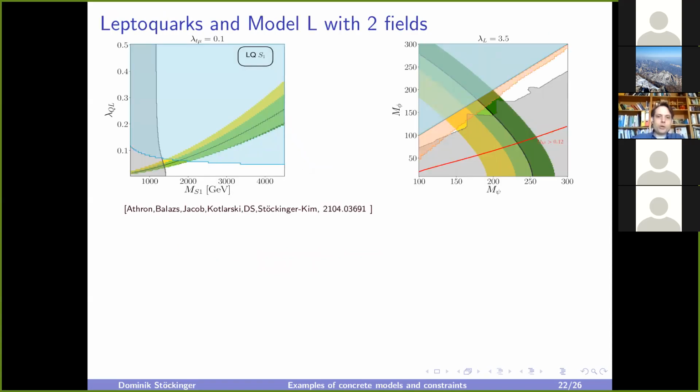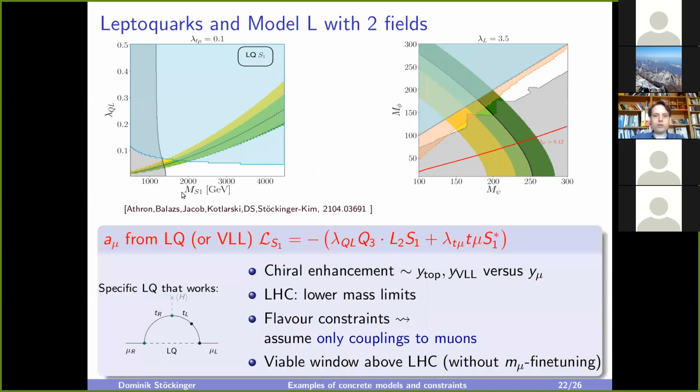Let me show you 1 plot for Leptoquarks here on the left. And this Leptoquark scenario is one where the muon couples indeed to the left-handed and to the right-handed top quark. So you need specific quantum numbers for the Leptoquark such that this works. And once it works, you can get this very huge chirality flip enhancement from the coupling to the top left and top right.